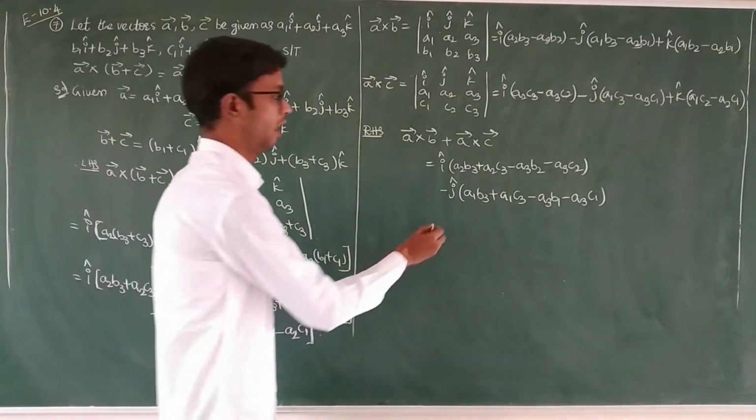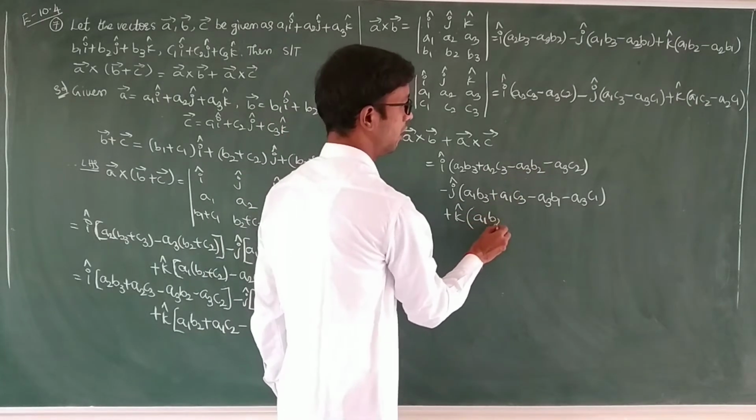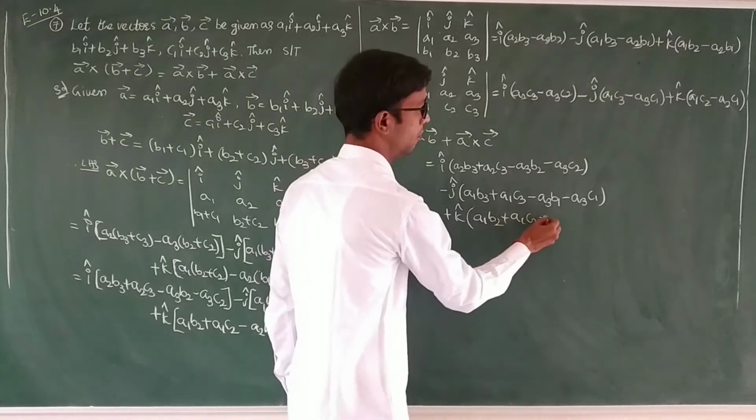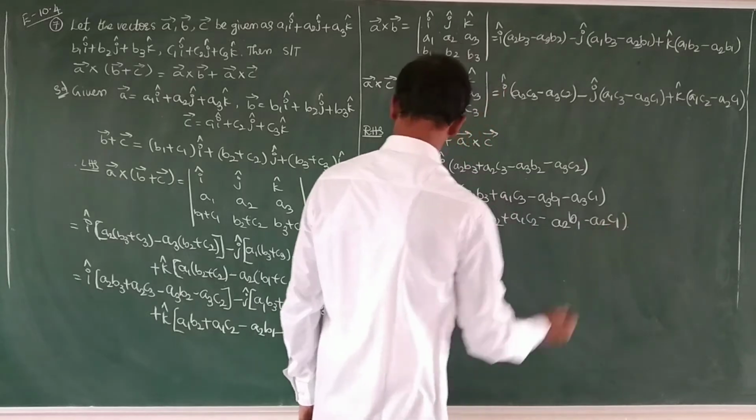Next plus k cap into addition: A1 B2 plus A1 C2 minus A2 B1 minus A2 C1.